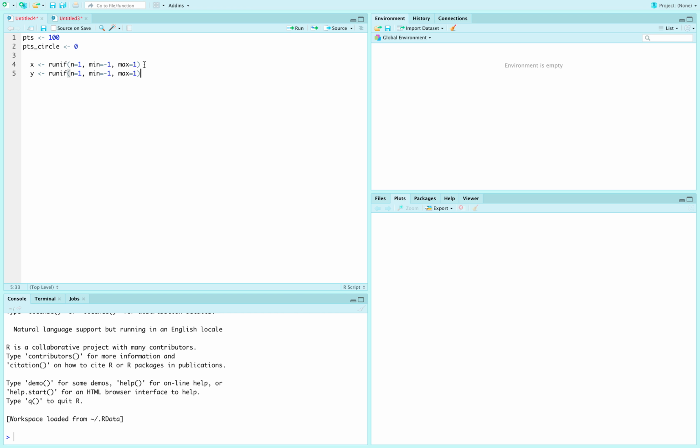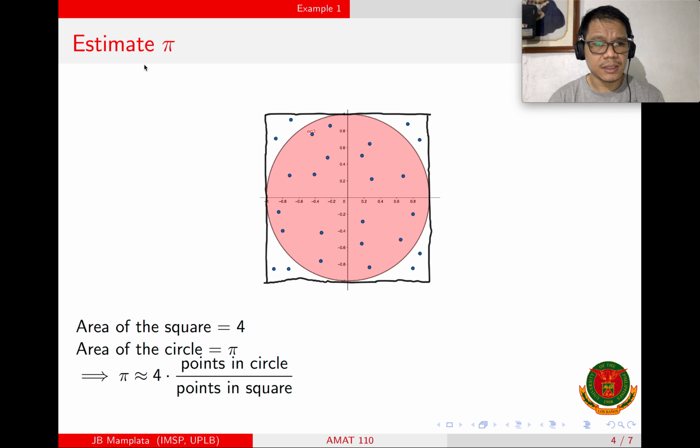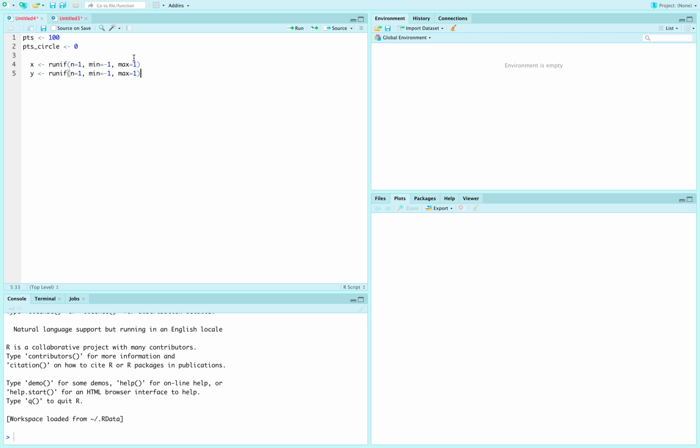Ibig sabihin, pag meron tayong x and y coordinate, such that the minimum value is -1, the maximum value is 1, sigurado tayo na yung point na mapipili natin is inside the square. Right? And, of course, gagawin natin yung pag-throw ng dart for a total of 100.